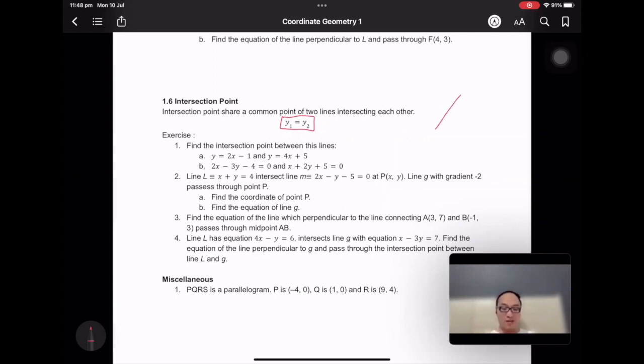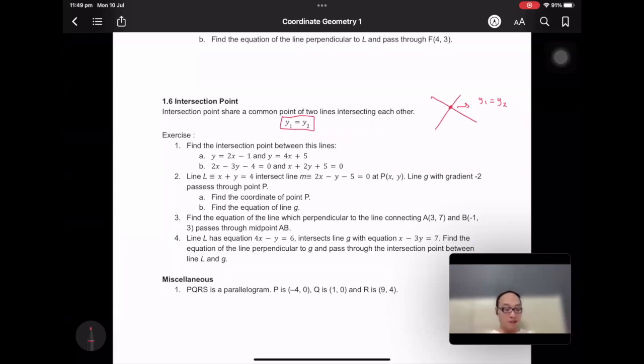For example, like this. This is the intersection point. So this is the point where the y of the first line is equal to the y of the second line.